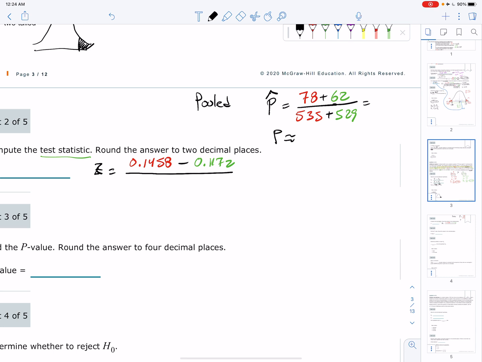And when we add that together, we get 140 over 1064, which is approximately, so p hat, this is not p hat sub 1 or 2, this is p hat, is approximately 0.1316.